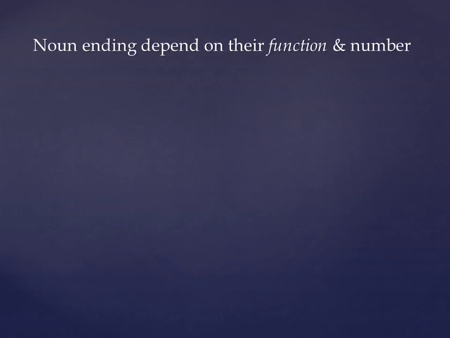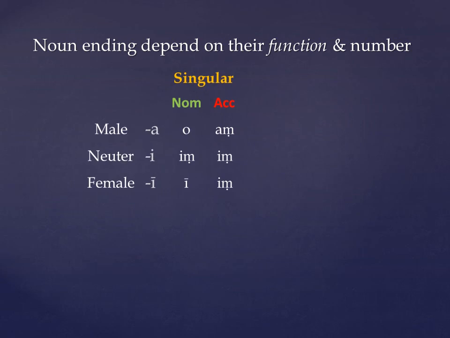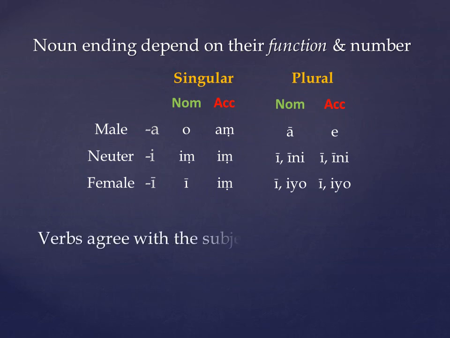Well, this tutorial has covered many things, so let's recap the important points. The endings of nouns depend on their function in the sentence, and also how many there are. This morphing of noun endings is called declension, and noun stems decline based on case and number. And a really important rule in Pali is that the verbs will always agree with their subject noun in both person and number.